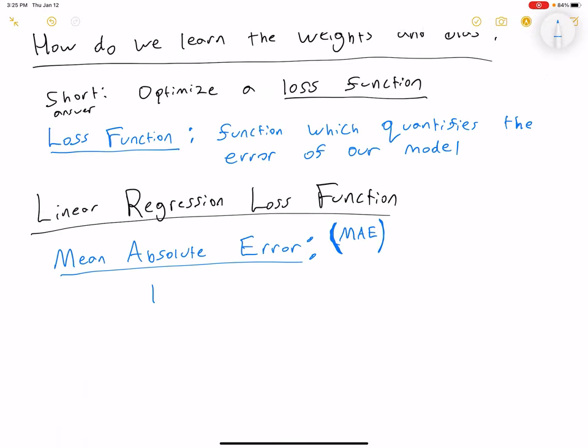So writing this as an equation, this would be the summation from i equals 1 to n of the absolute value of y sub i minus y hat sub i.